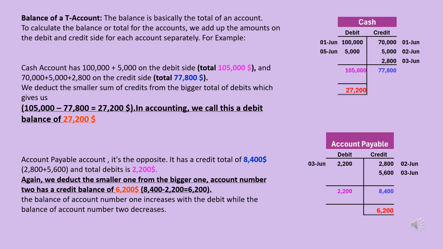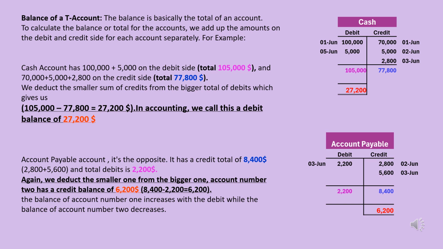Recorded in credit side, because account payable's natural state is credit. Increase in credit side. Account payable account has a credit total of $2,800 plus $5,600 equals the total of $8,400 in credit side.